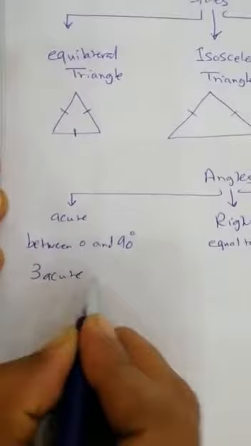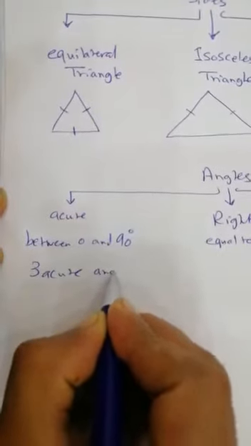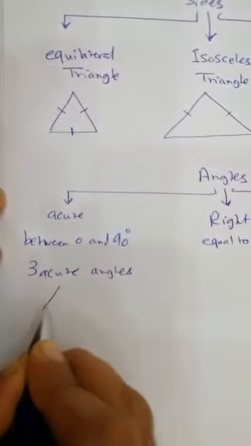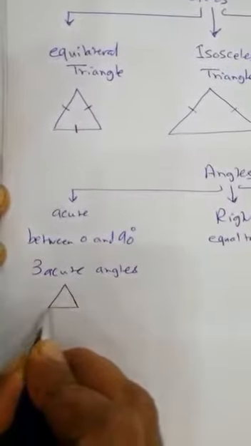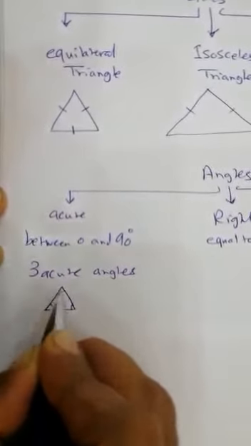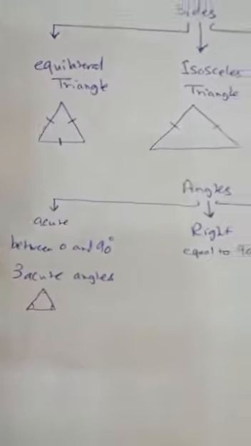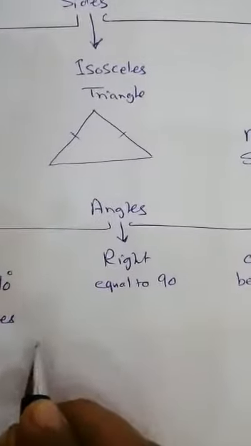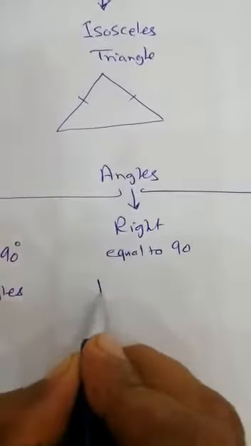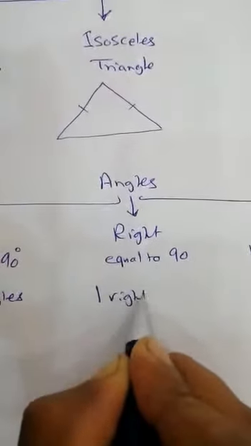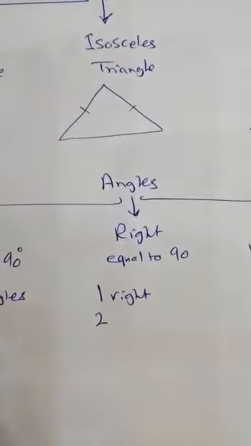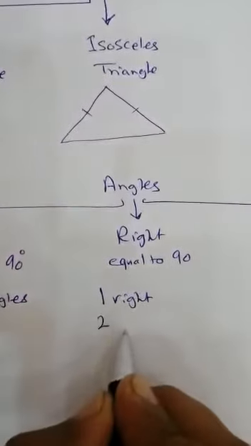Okay, now we classify a triangle as an acute triangle when we have three acute angles, for example like this triangle, look guys, all the angles are acute. And right, when we have one right angle and the two other angles should be acute, okay?